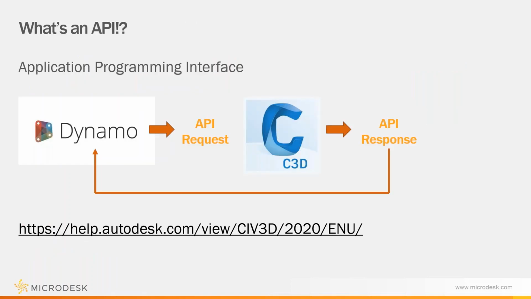Okay, what's an API? The definition is it's a set of functions and procedures allowing the creation of applications that access features or data of an operating system, application, or other service. So that's kind of a strange definition.